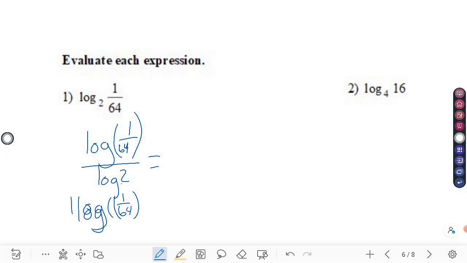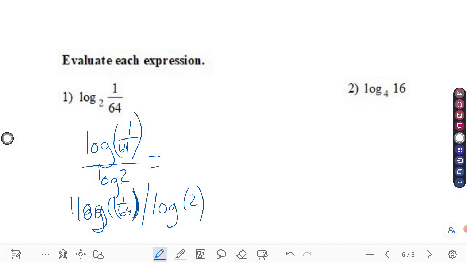You have to make sure you close the parentheses before you divide. You can do this all in one calculation, but be careful to close those parentheses before you divide. Otherwise, it will take the log of 1 over 64 divided by the log of 2 as one calculation, okay? So make sure you close your parentheses.